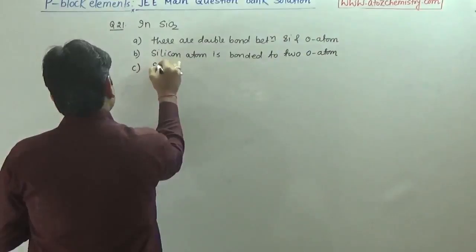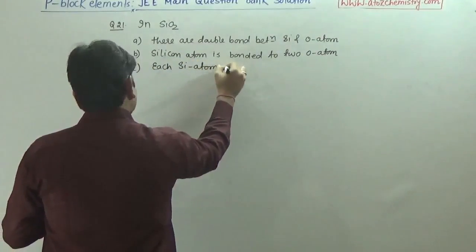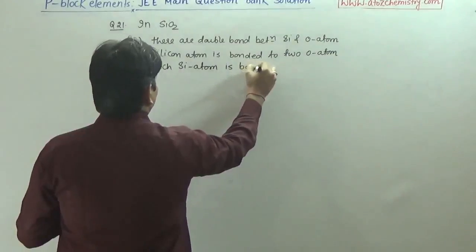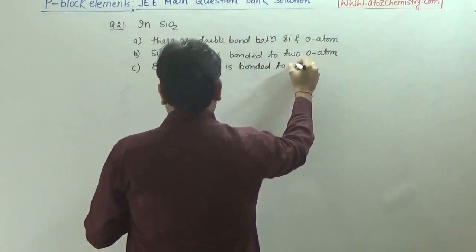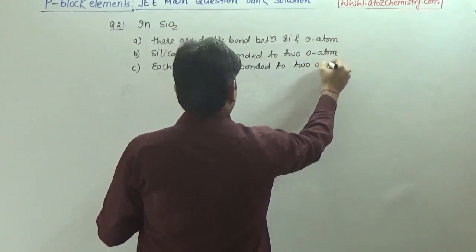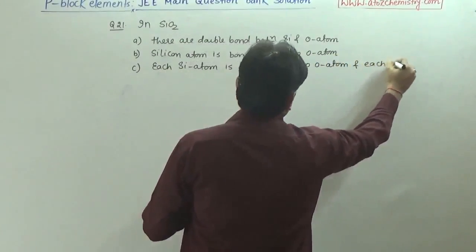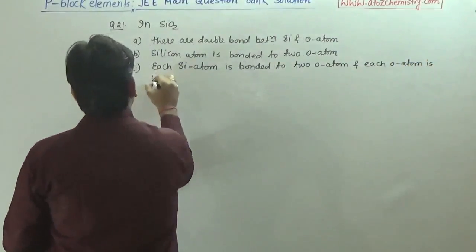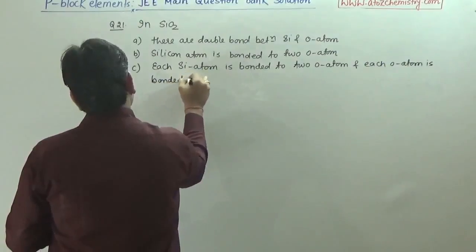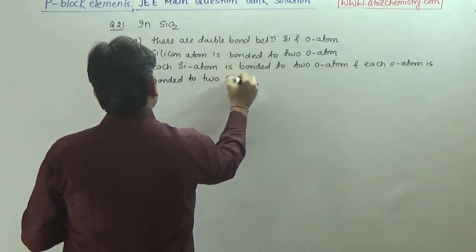C option: each silicon atom is bonded to two oxygen atoms and each oxygen atom is bonded to two silicon atoms.